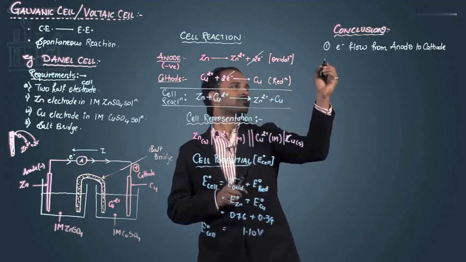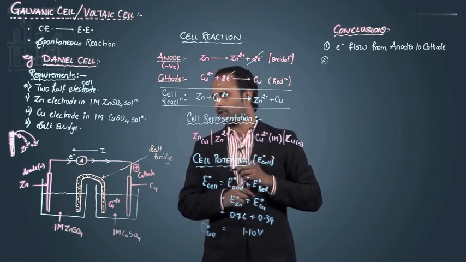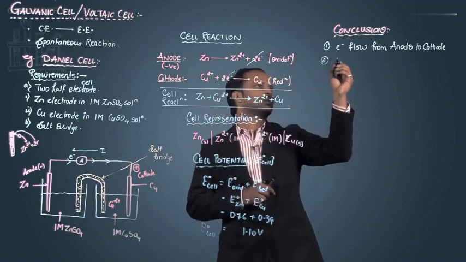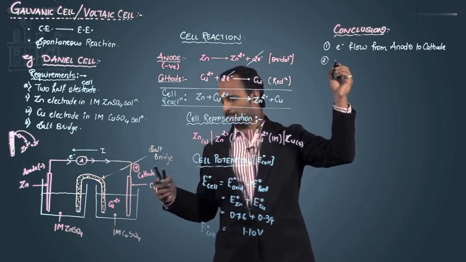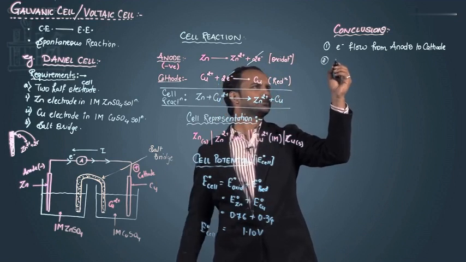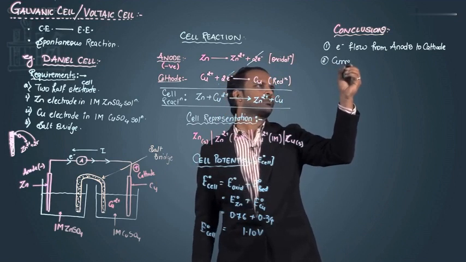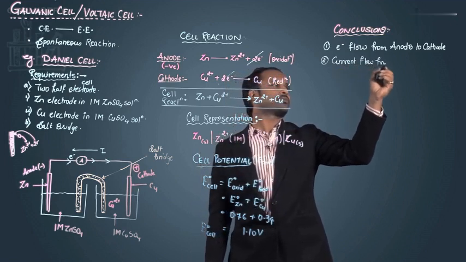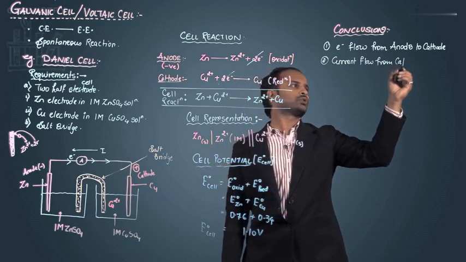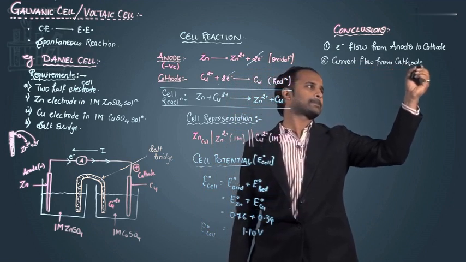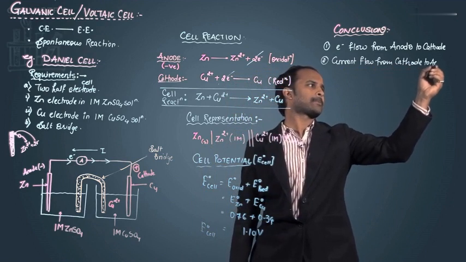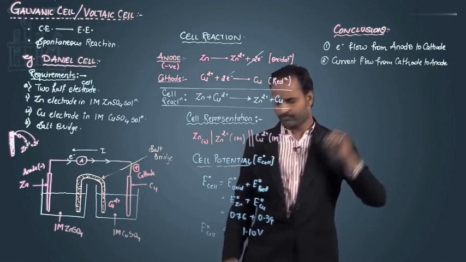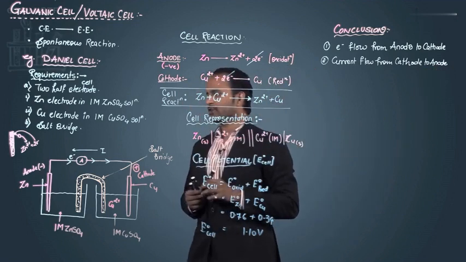And since electrons flow from anode to cathode, therefore the current will flow from cathode to anode.